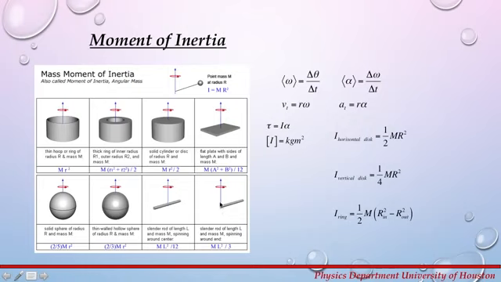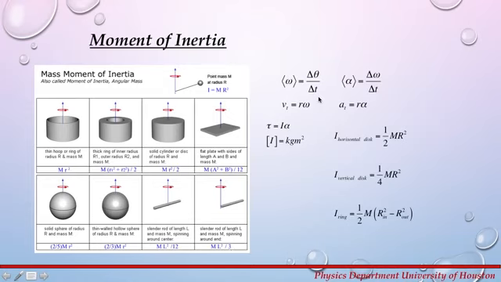Consequently, the moments of inertia are going to have different equations. For the one where the axis of rotation is at the center, the moment of inertia is the mass of the rod times length squared divided by 12, and for the rod whose axis of rotation is at one end, the moment of inertia is given by this equation, m l squared divided by 3.